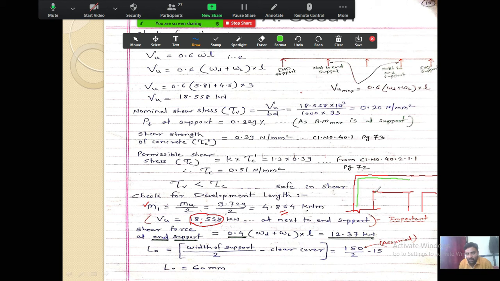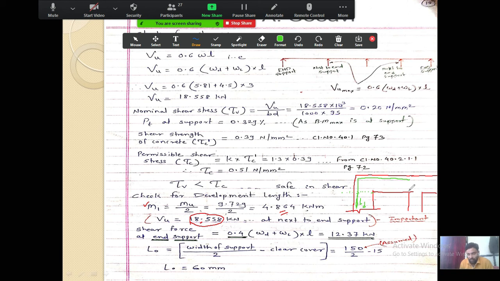As soon as it moves down beyond this level, whatever I am showing here in dotted line, the length of the bar after this level, up to the beam or in the support, that length we call the development length LD.